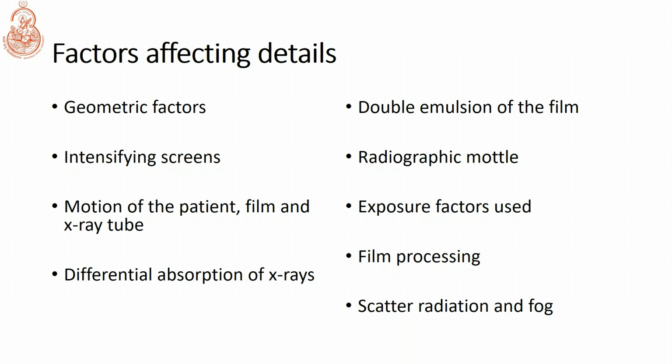So there are different factors that affect the details, which is going to have an effect on the outline of that particular structure that we are going to see. Let us see them one by one.